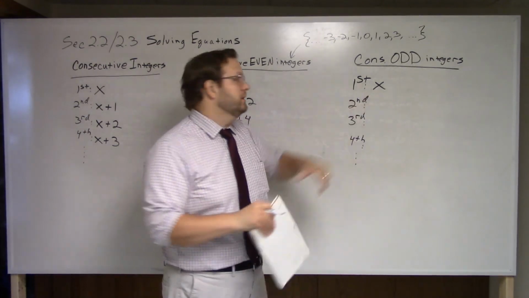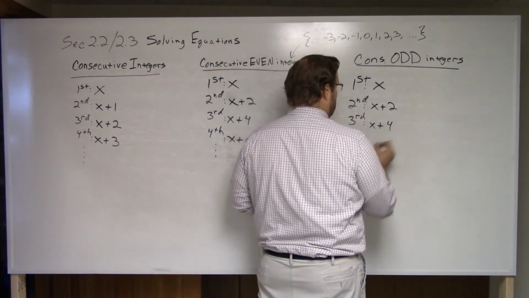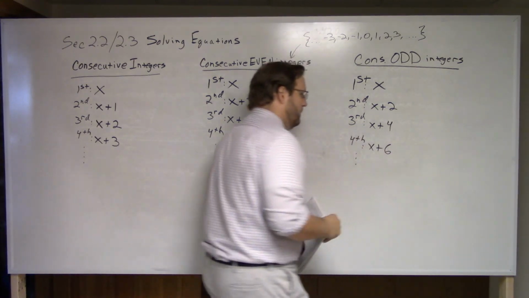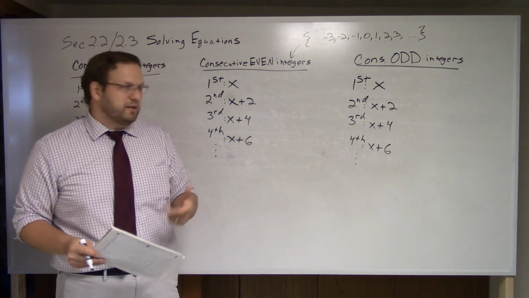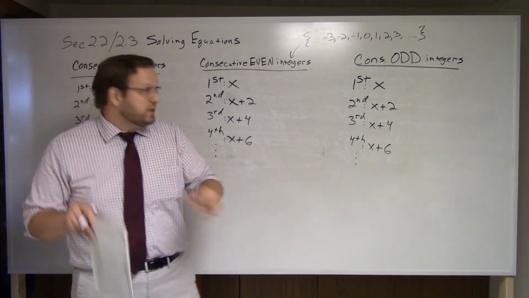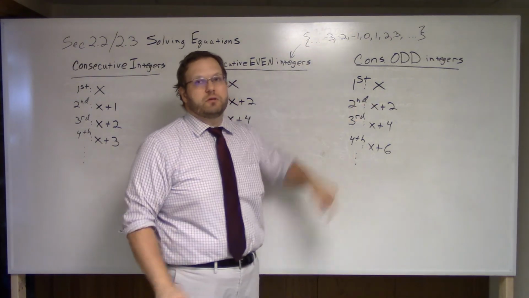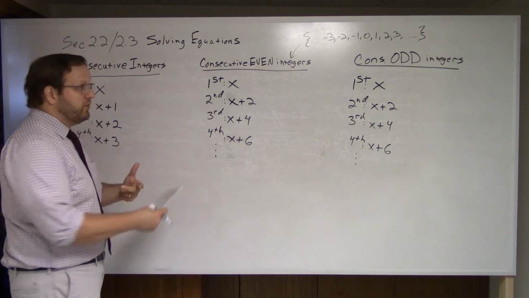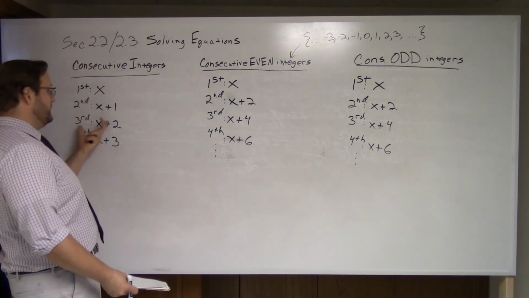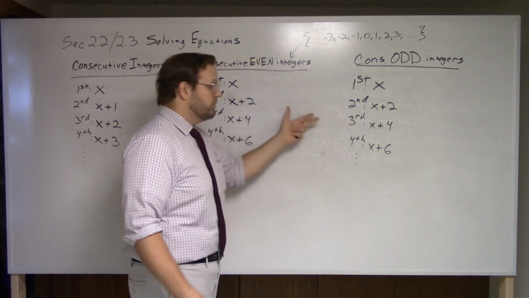To stay odd, I have to add 2 again. Again, the even numbers there kind of throw people off because we're thinking odd. But to start odd and then stay odd, we have to be adding those evens as we go along. Okay? So this is how we would set these up. These aren't 3 unique setups. There's 1 and then 2 different and then 2 setups. So 1, 2, that's it.